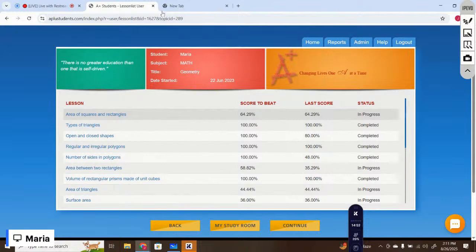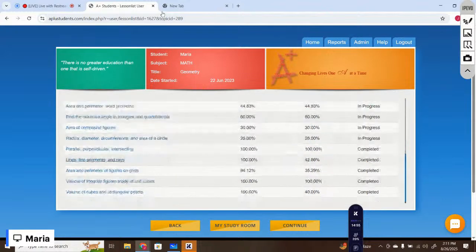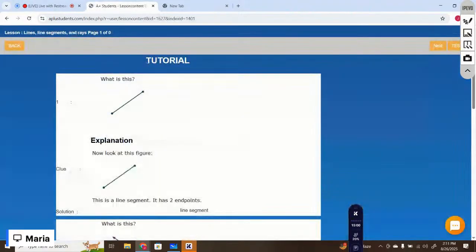The next lesson is lines, line segments, and rays. What is this?